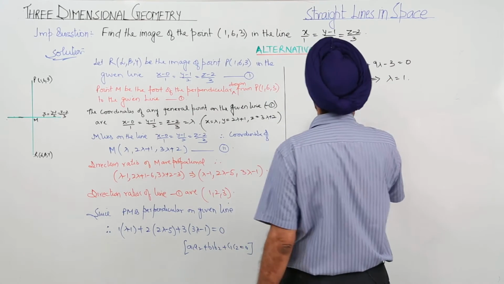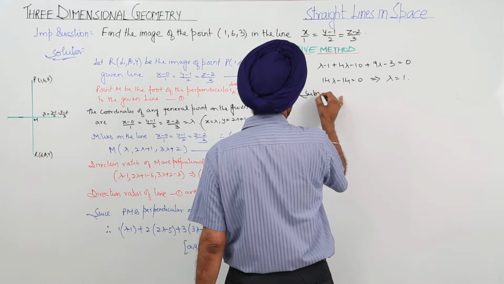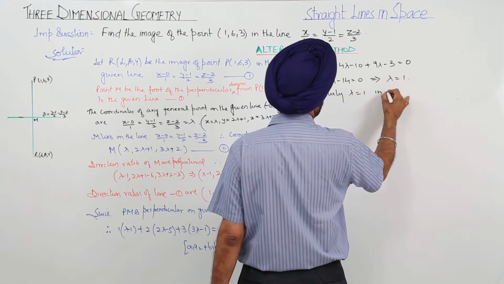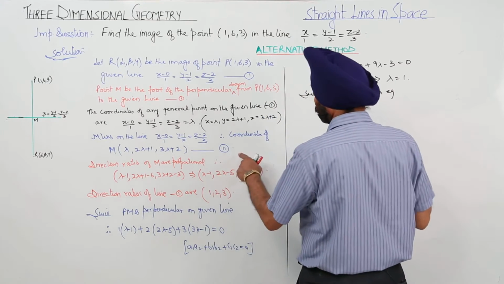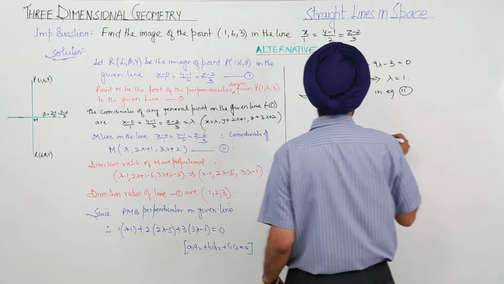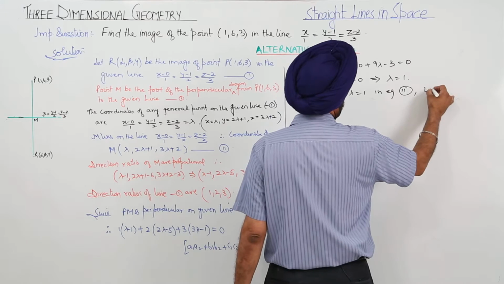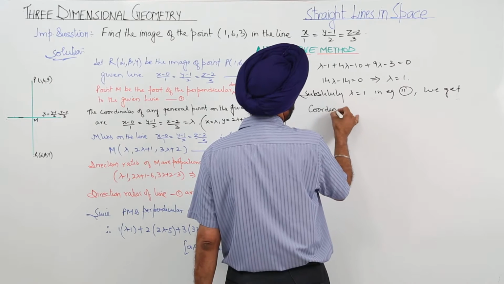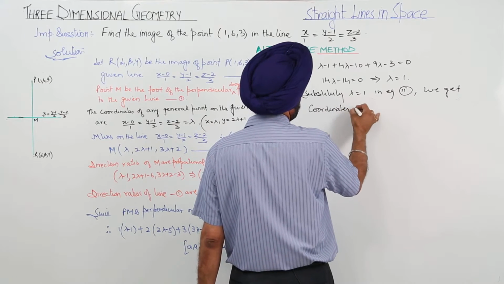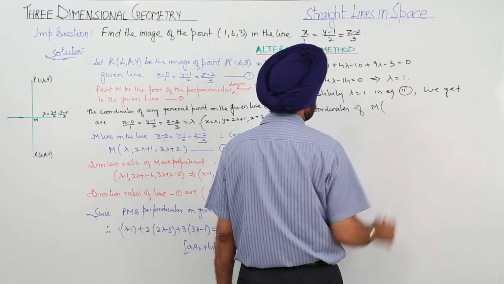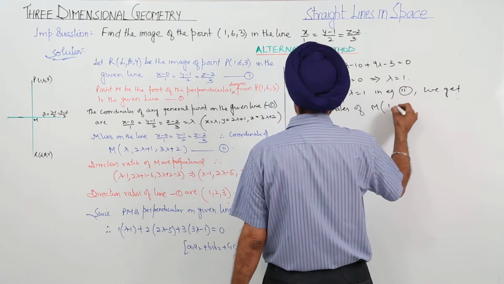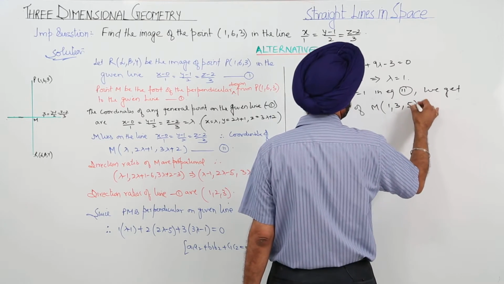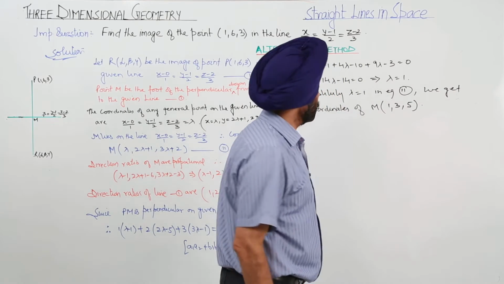Now, substituting lambda is equal to 1 in equation 2, we get coordinates of M as 1, then 2 times 1 plus 1 is 3, 3 times 1 plus 2 is 5.